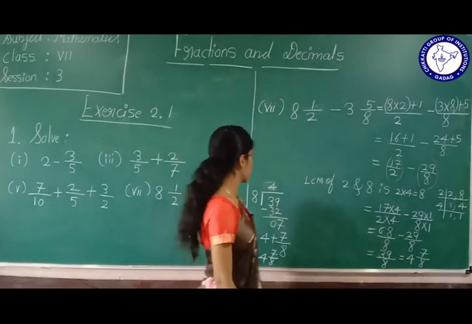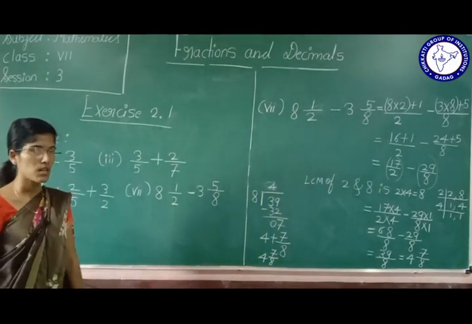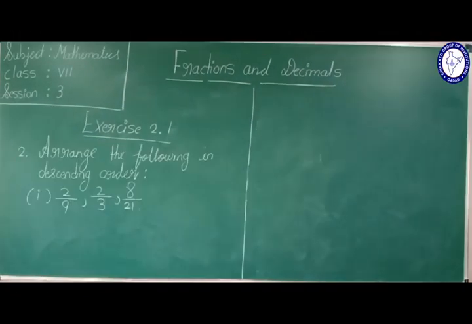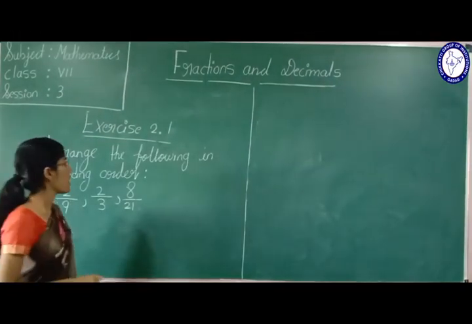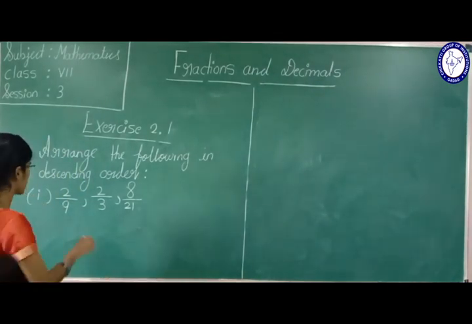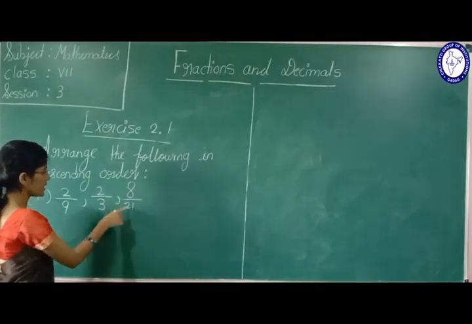Okay. So this is about the 7th question. Now we will see the next question. See here, the second question tells us to arrange the following in descending order: 2 by 9, 2 by 3, 8 by 21.